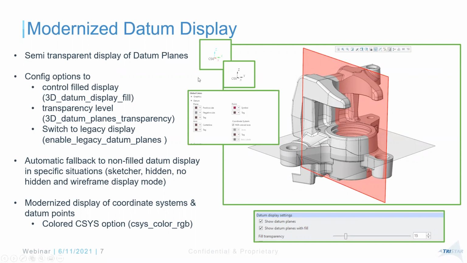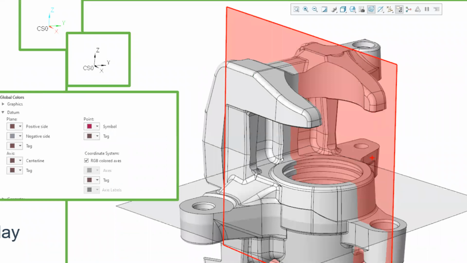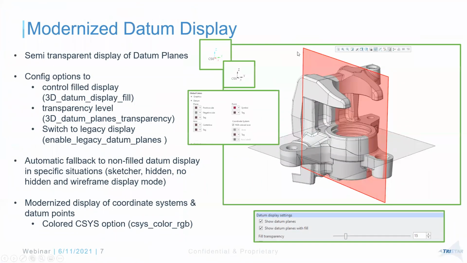They finally have a transparent, a shaded kind of display, and you can control the transparency of the datum plane. It's pretty nice, unlike before where the datum plane used to be just the four borders, that's it, and it's fully transparent. You can control that transparency level, right? By default, it's set to a specific value like 7 to 10, and then you can control that.